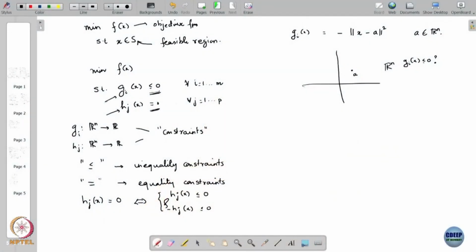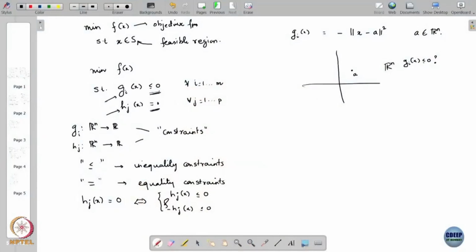Now, if g_i(x) is something like this, then what is the region? Suppose we are taking this from R^n to R. So let us write this as g_i(x) as negative of norm of x minus a the whole square, where a is some vector in R^n.